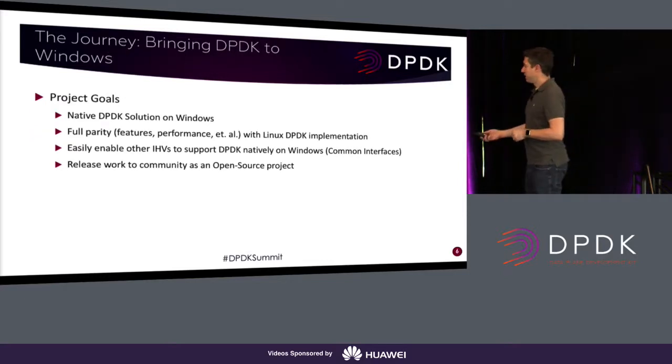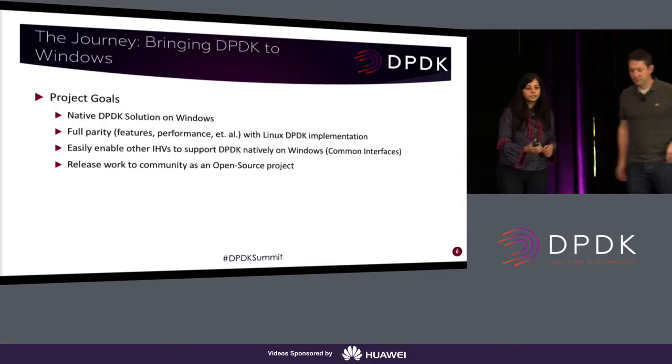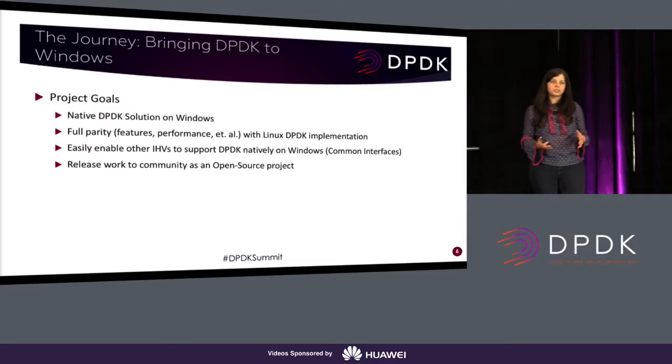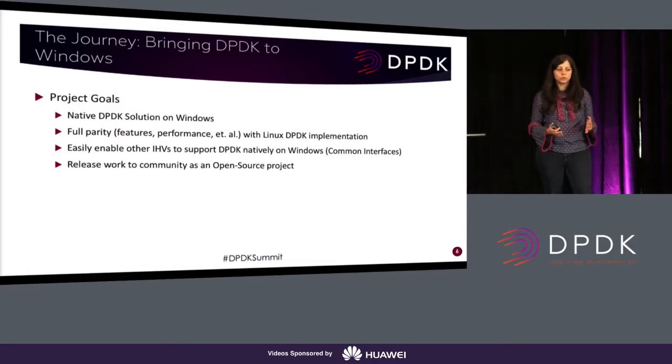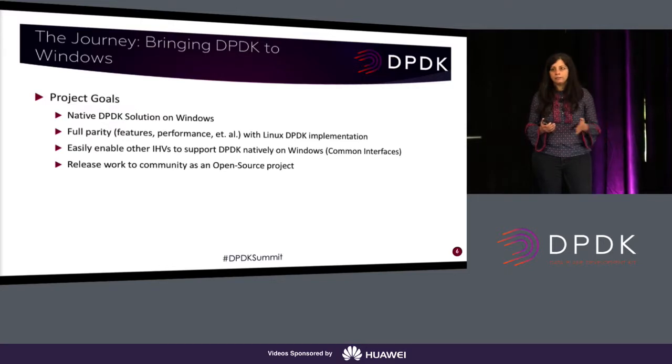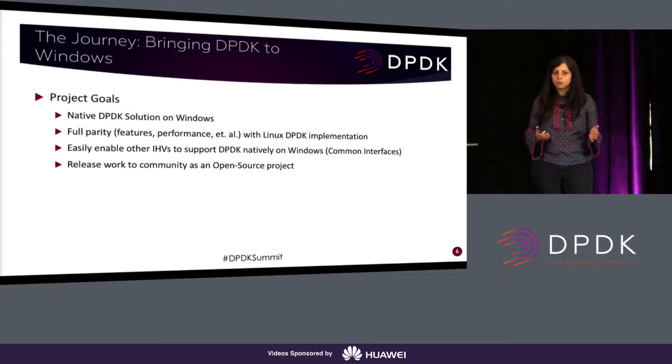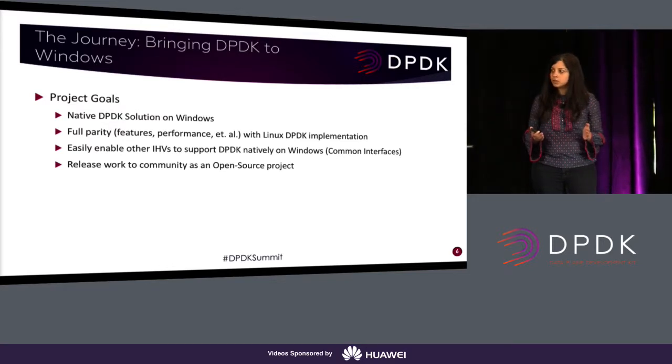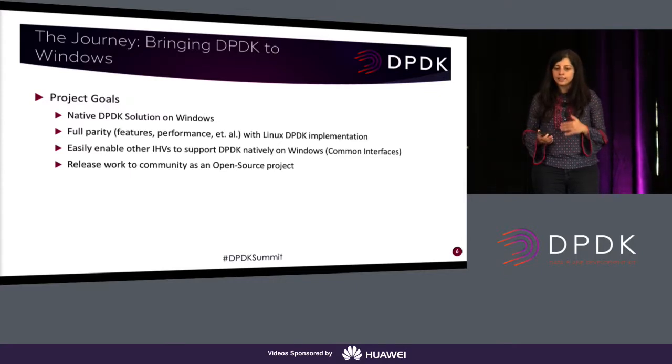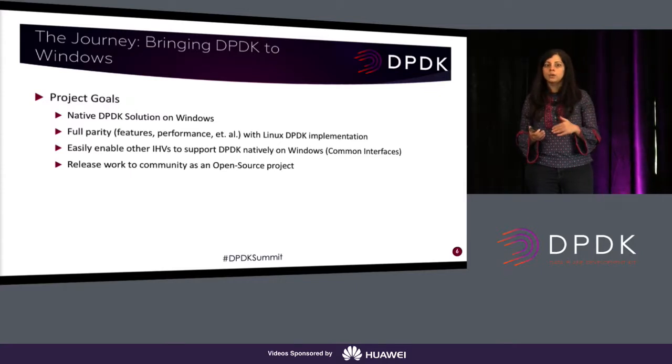So I'll turn it over to Manasi at this point. So when we started the project to port DPDK to Windows, we had a couple of goals in mind. The first one was that we match what is there in open source, just have parity to start with. And the next step is to come up with more innovative features.